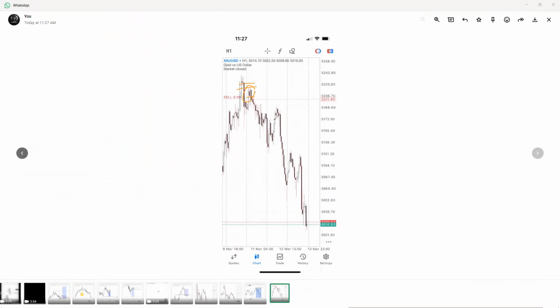You can see this movement, very crazy movement, a lot of pips in profit until Friday. So that is a clear way of using IFVG on trading gold.